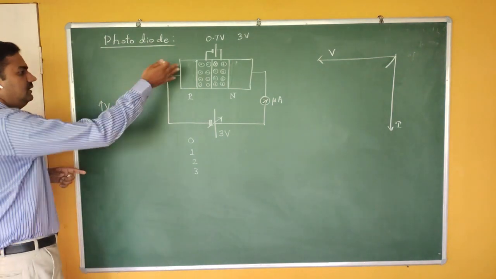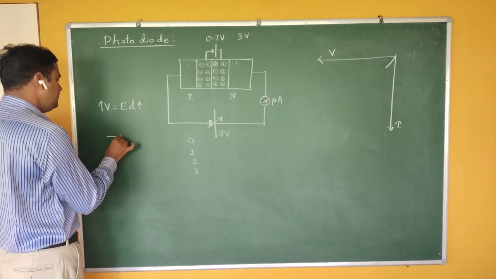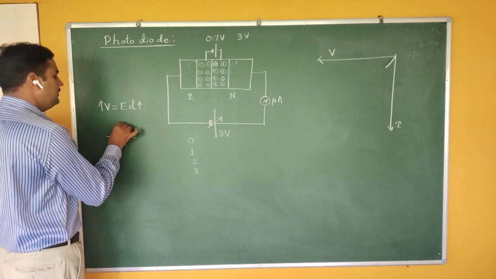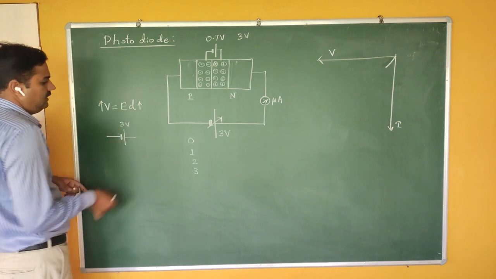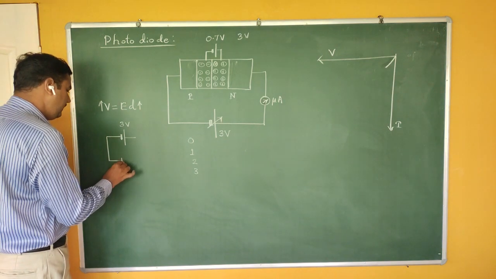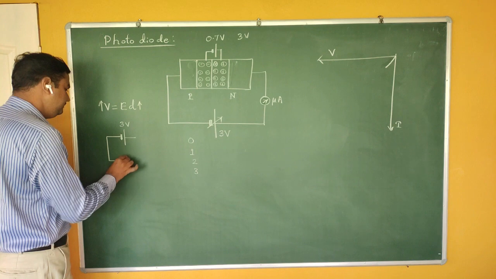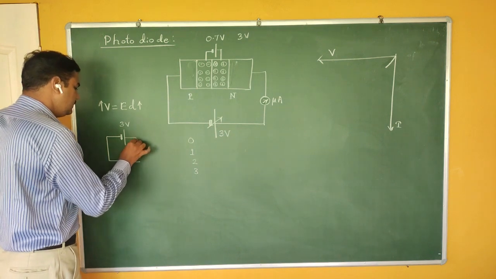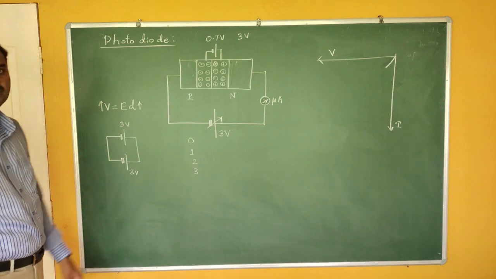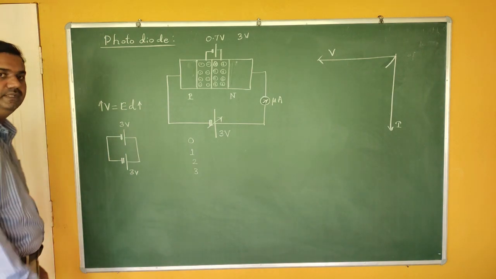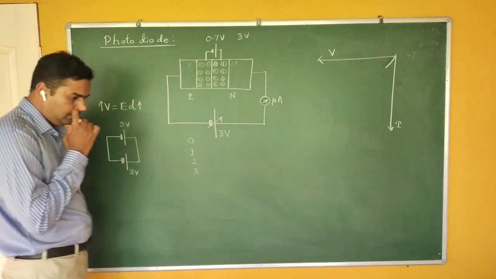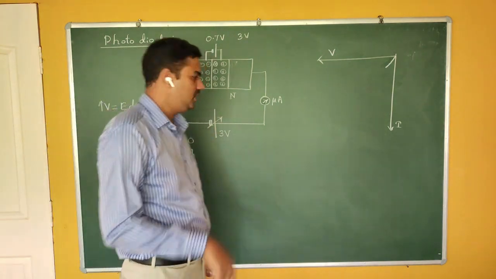The reason is, just think like this. This is your barrier potential, which now has a voltage of 3 volt. On the other side you have a battery whose potential is also 3 volt. Now they are connected in parallel. Current flows from higher potential to lower potential.